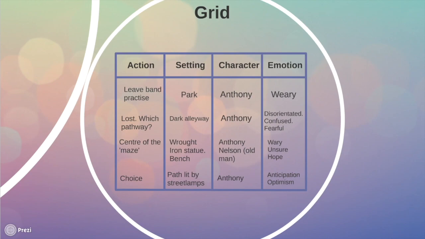And then Anthony reaches a dark alleyway. He's lost. He doesn't know which pathway to take. He's disorientated, confused and fearful. So what I've done is really consider how the character feels. This is a particularly good way of planning in the emotions of a character.